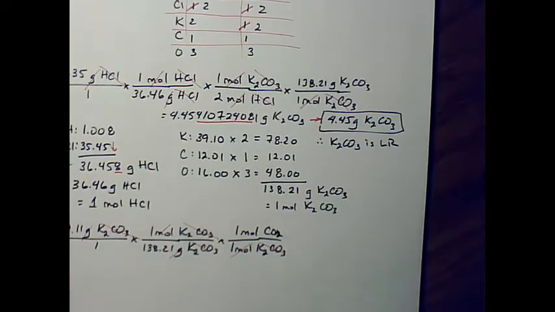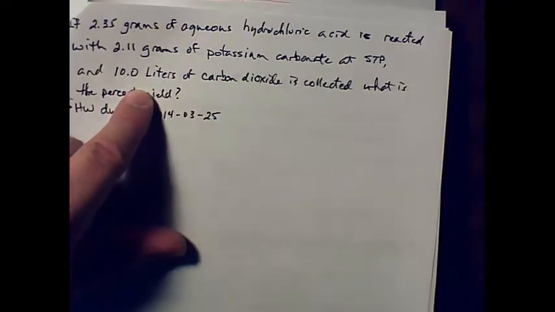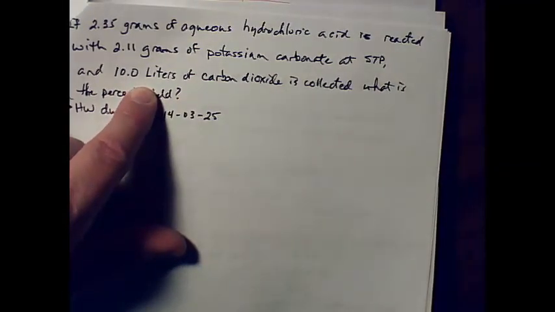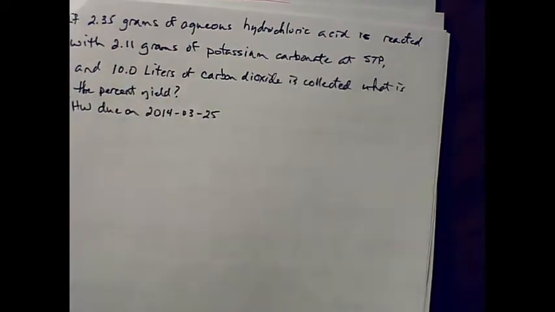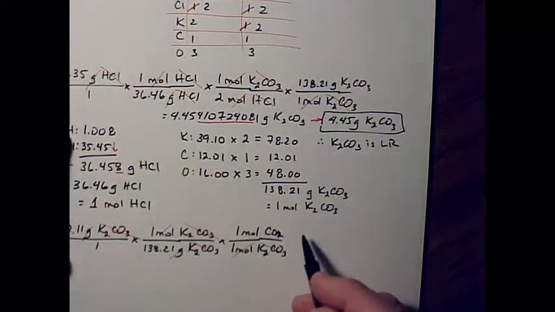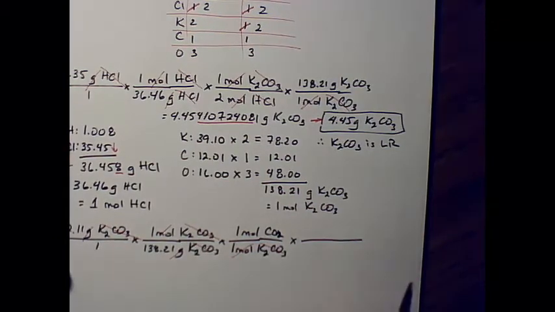Now, I can see when I look at the problem here that my product is in liters. So in order to do a percent yield, I also want my theoretical yield for that product in liters. Okay? And so instead of using a molar mass for this, I can use molar volume, and molar volume is really simple.